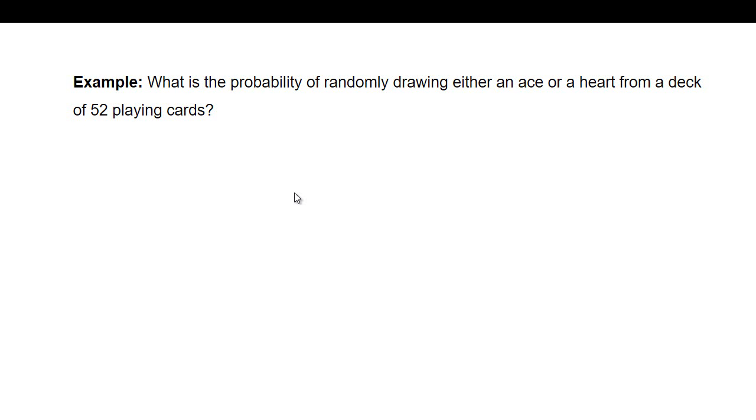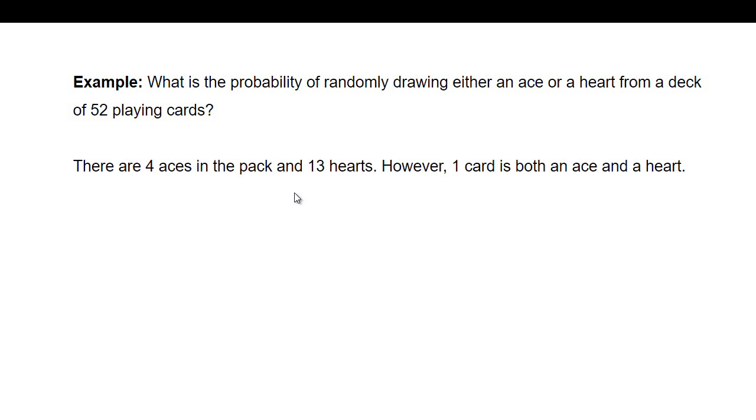There are four aces in the deck, and there are 13 hearts in the deck. However, notice that one card is both an ace and a heart.